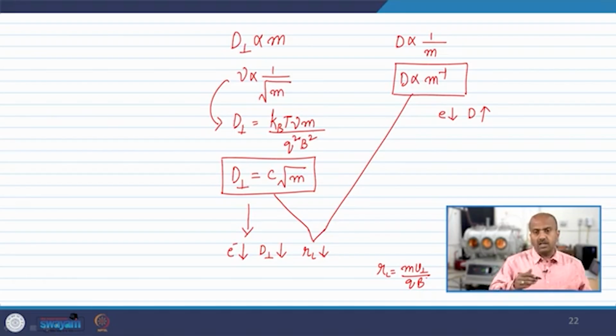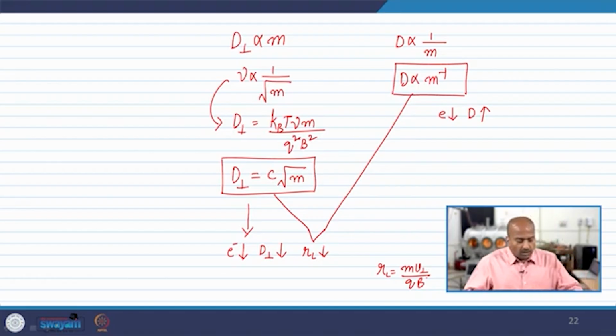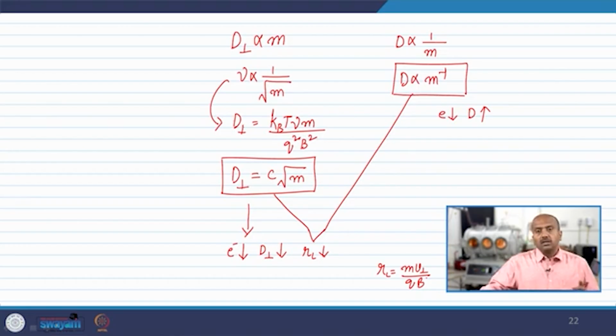So, every step you have the electron gyrating in a circular orbit. Okay. So, that is why the electrons, even though they have lighter mass, move slower, or we can say that electrons diffuse slower, right.